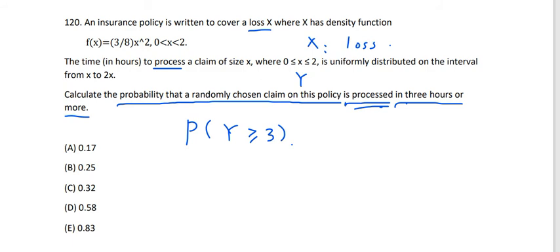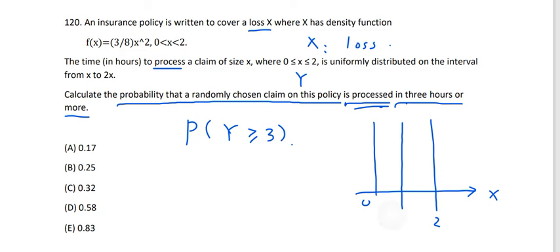Let's use a graph. So x is between 0 and 2. For given size x, this y is uniform distribution from x to 2x. So this is y equals x, and this is y equals 2x.